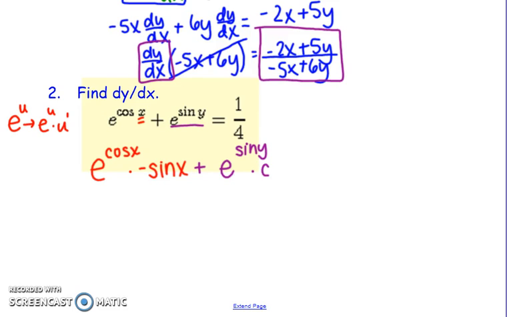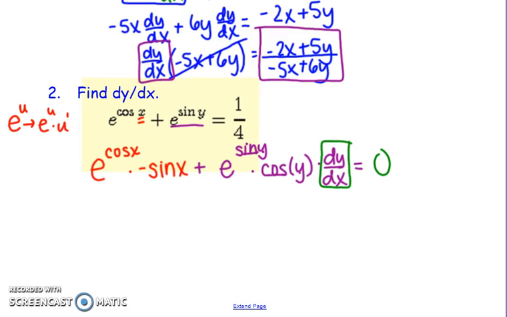So that's going to be cosine of y, right? So derivative of the outside, leave the inside alone, times the derivative of the inside, which is dy/dx. All of that will be equal to the derivative of 1/4, which is 0. Again, I'm not asking to just find the derivative. I want to isolate dy/dx and solve for that term.